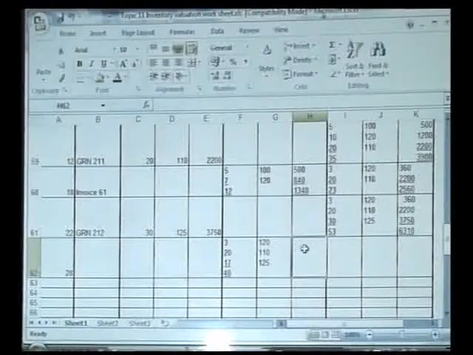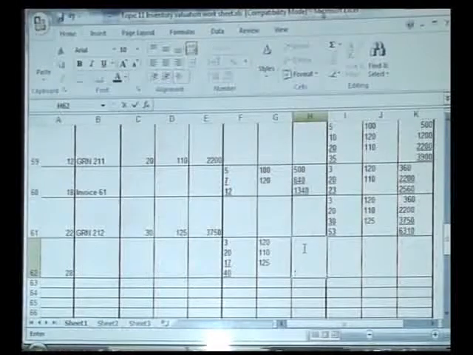The values are 360, 2200 and 2125. Total 4685.